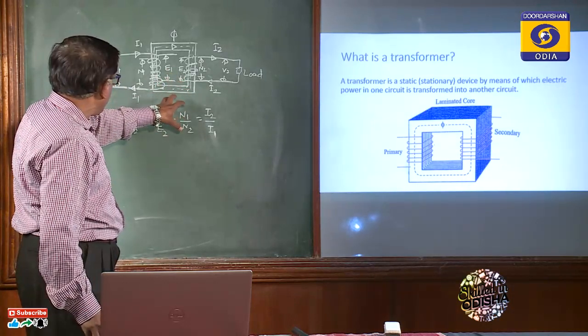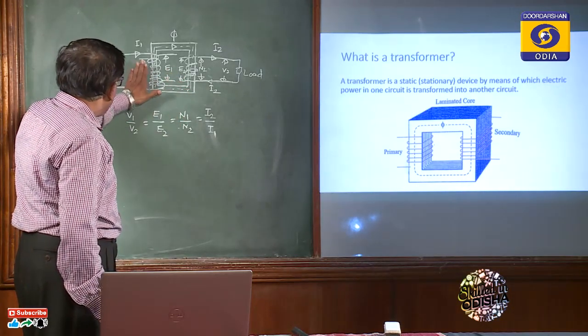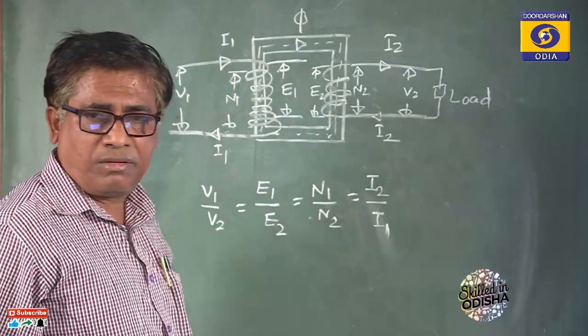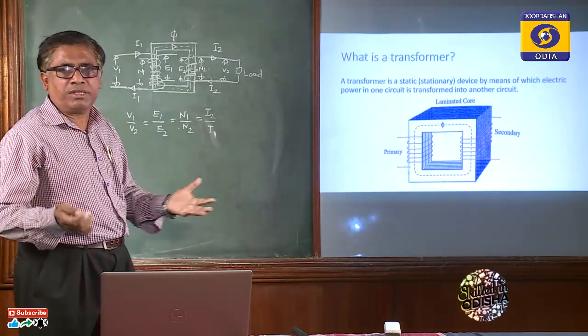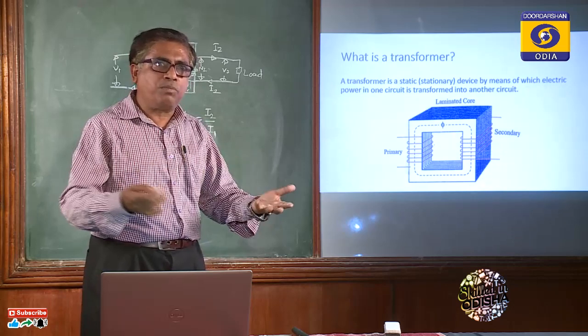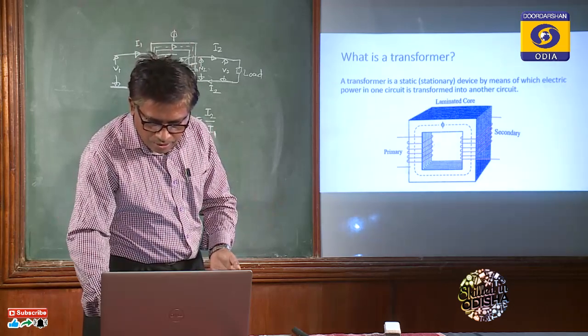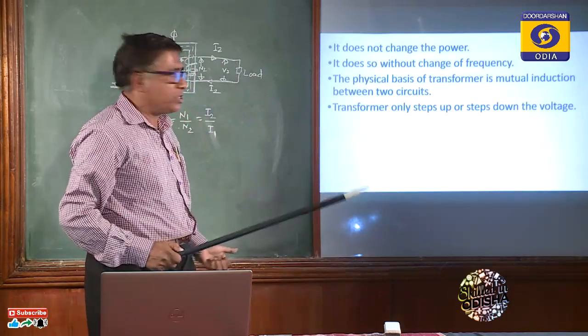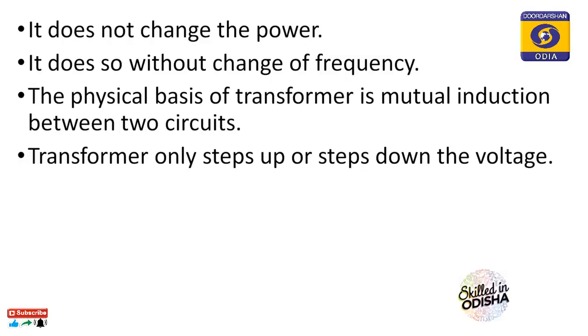Actually what is happening? Power is transforming from the primary side to the secondary side. Actually what does a transformer do? It transfers power. So during transformation, it does not change the power.